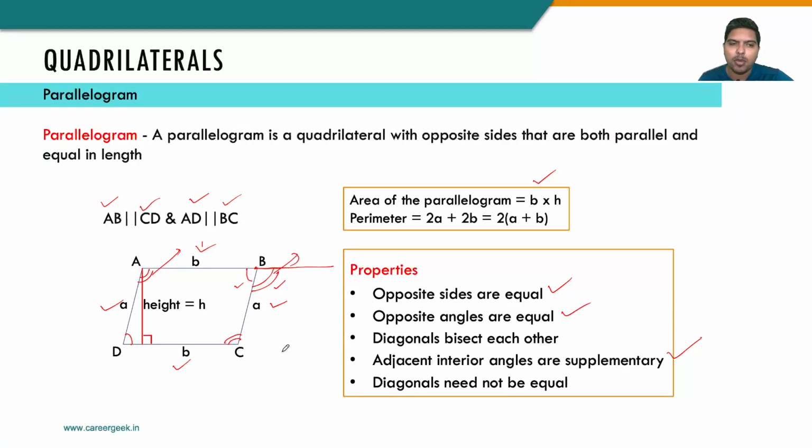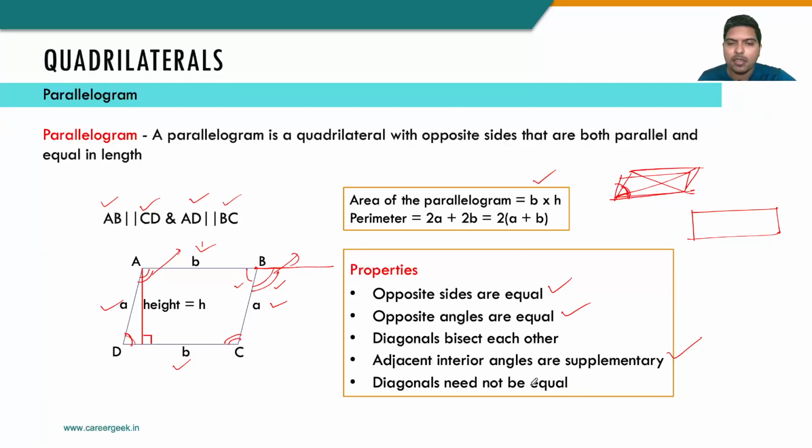Diagonals need not be equal because we don't know what the angle is. For the same side lengths, we can have a parallelogram like this, or we can have a parallelogram like this also. So the diagonals keep changing as per this angle. Let's say this angle increases further, it becomes something like this.